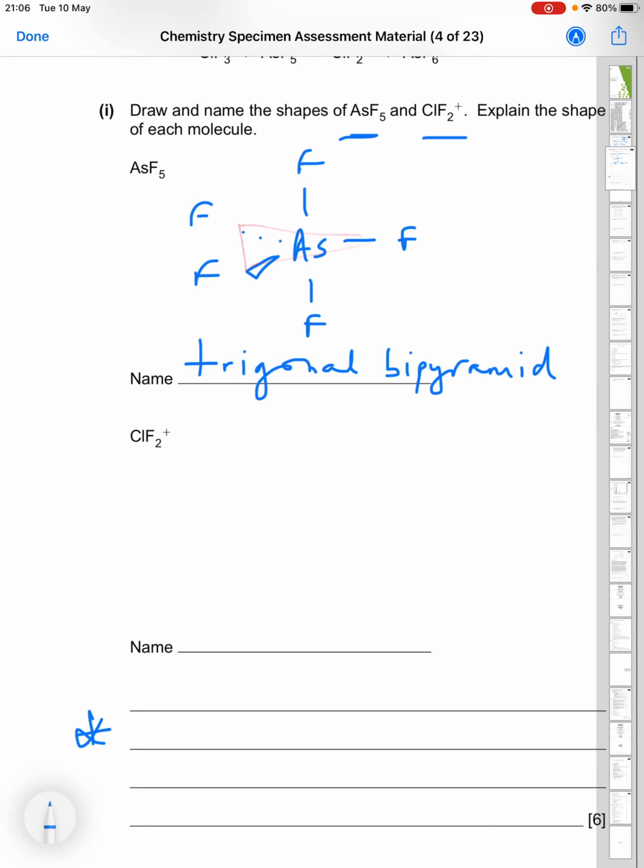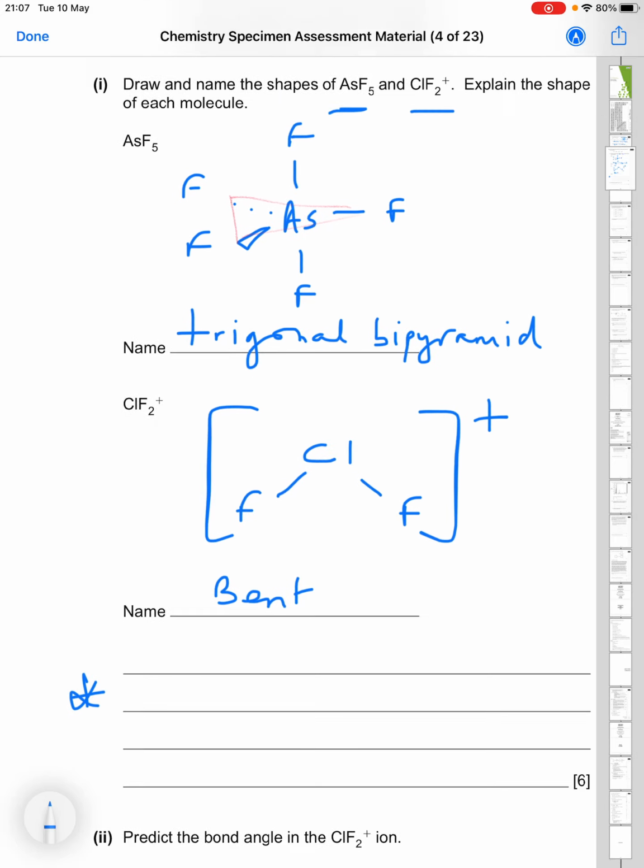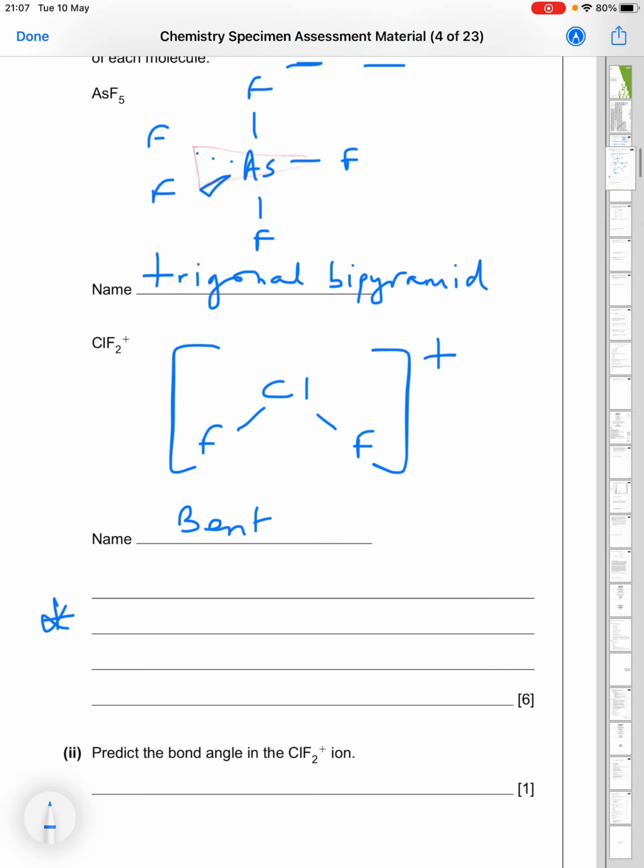And ClF2+, so we've got chlorine, we've got an F and an F, and you saw before that there are 2 lone pairs, so it's going to be like this, and that is a bent shape.